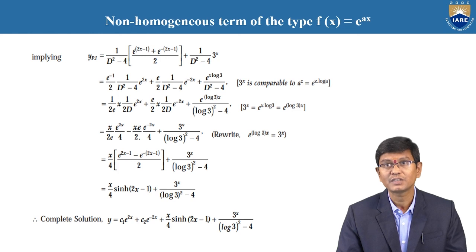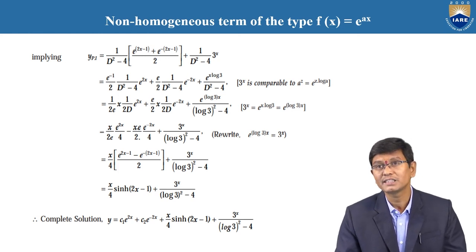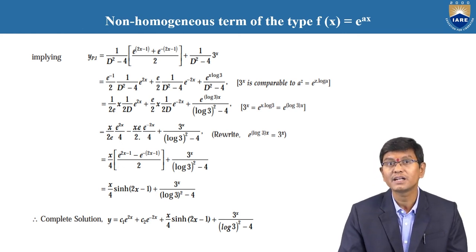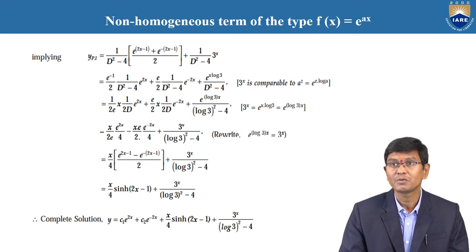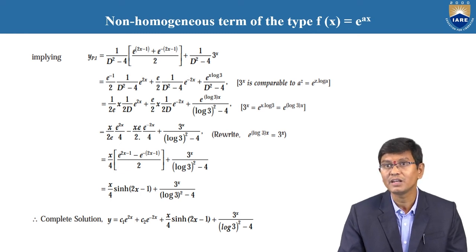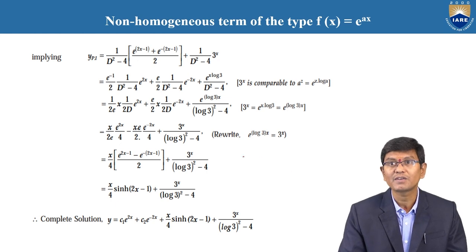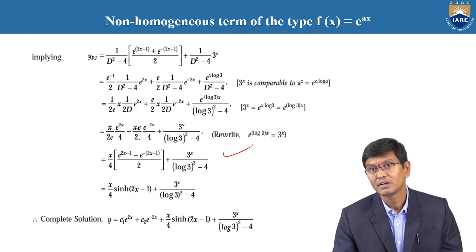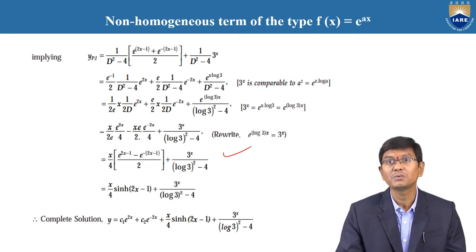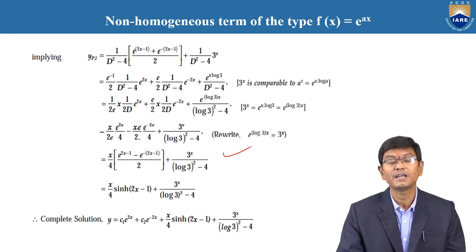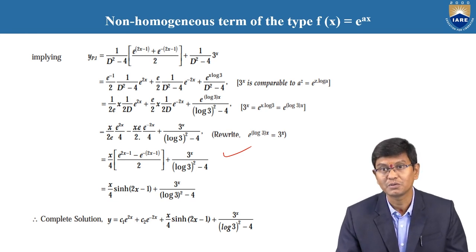For the first term, we clearly obtain something like 1 by 2e. But in the second case, e^(x log 3) is written as e^(log 3 into x), therefore a is equal to log 3. Using this condition, everything reduces clearly. Converting back from exponentials to hyperbolic form, we get x by 4 into sinh(2x minus 1) plus 3^x by ((log 3)^2 minus 4).